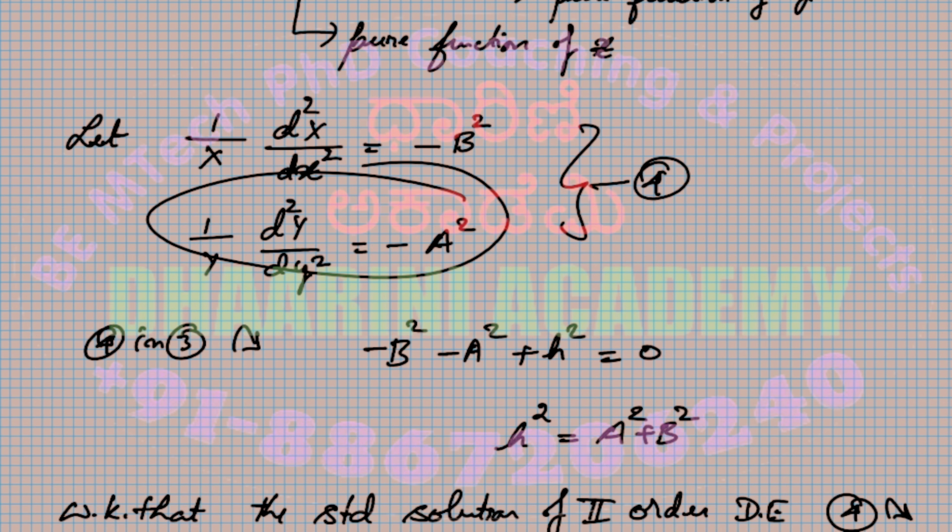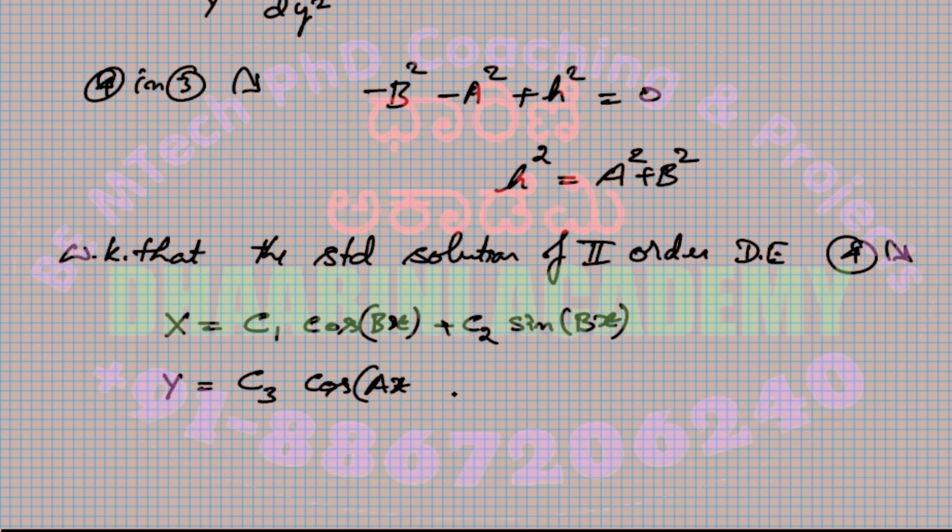So the a will come into the picture. So c3 cos ax plus some other constant into sine of ax, where this is small letter x. So this is the standard format: a constant into cos of the constant present in the equation, plus another constant into sine of that term. So you can see that a, yes.